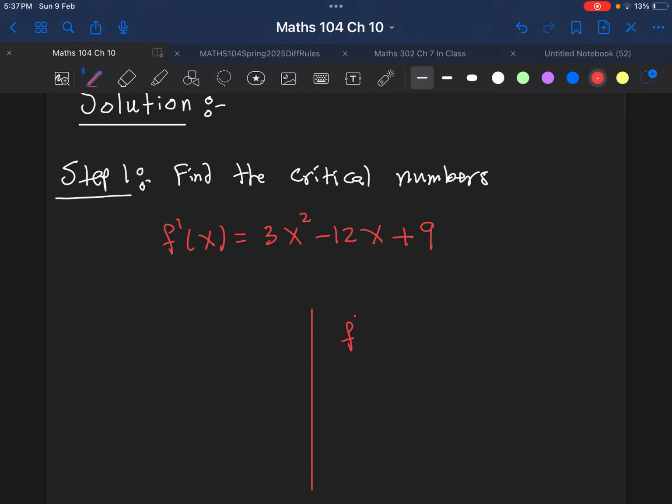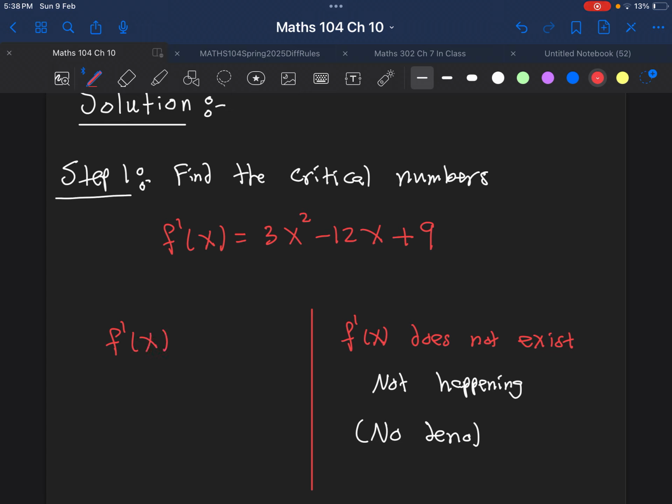And here we have two options only. Either the derivative does not exist, which will not happen, because I don't have any problem with this function. If there is no denominator, I'm good.